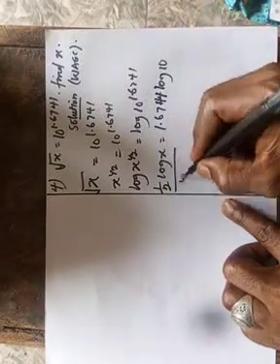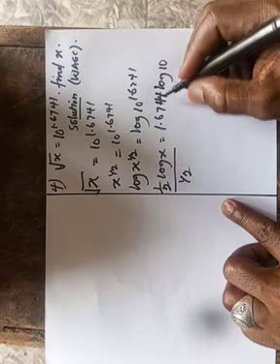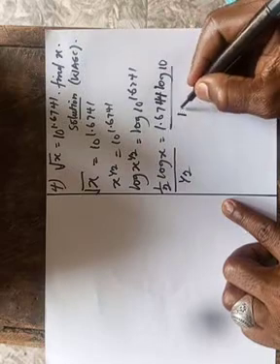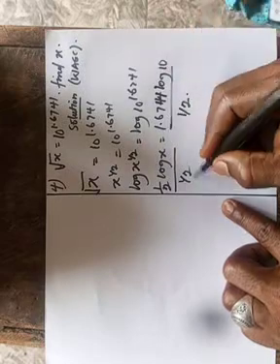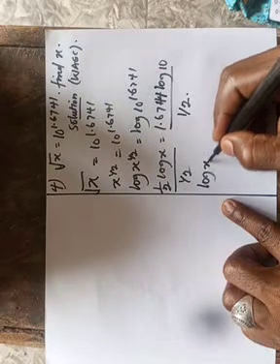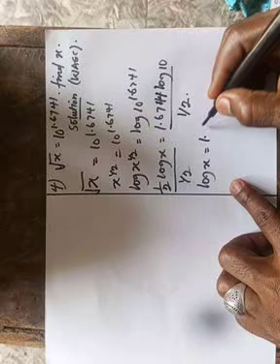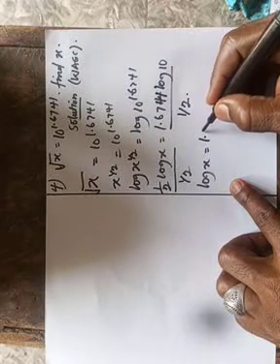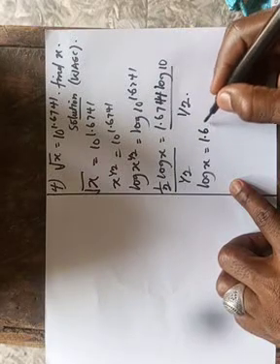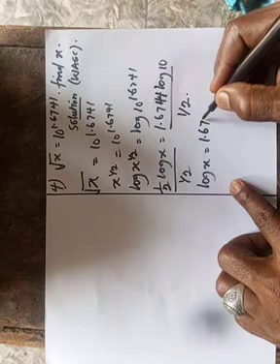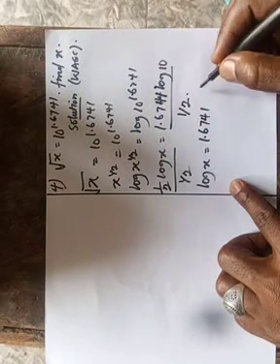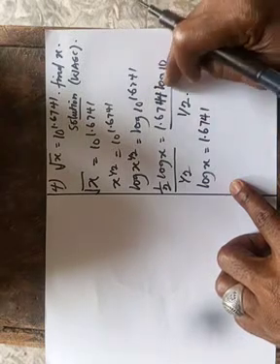We divide both sides by 1 over 2. So that we have log x equals 1.6741 over 0.5, and log 10 is what?